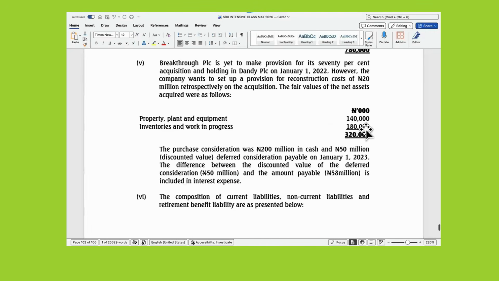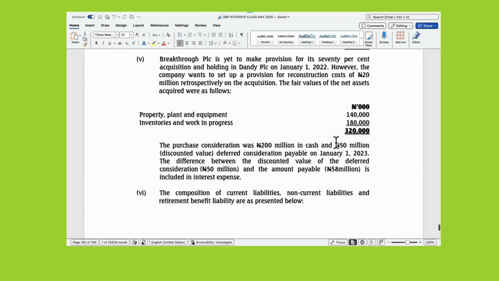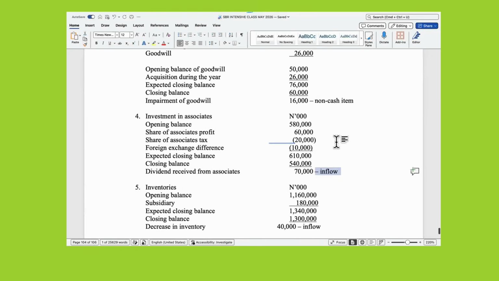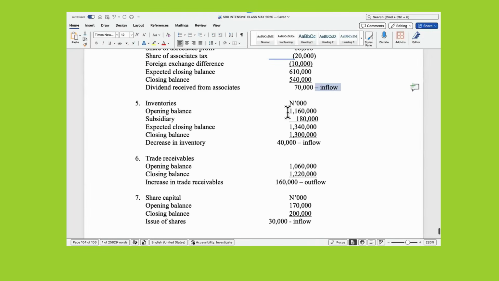Yes, it does. It has inventory of 180. So I will consider it in my movements. So inventory opening, subsidiary, expected closing 340. Our closing was 13. So there's a decrease in inventory. A decrease in inventory is an inflow. It's like we are selling inventory.